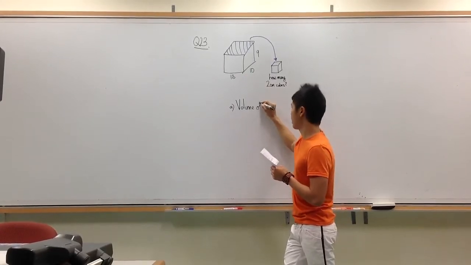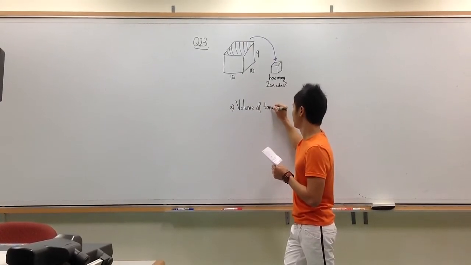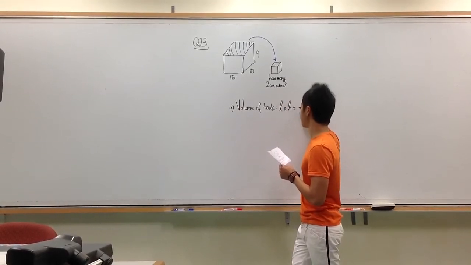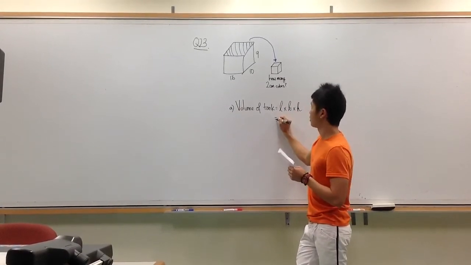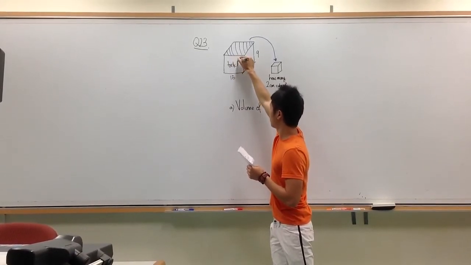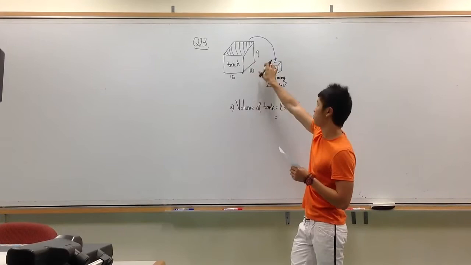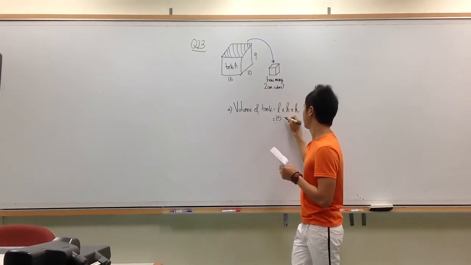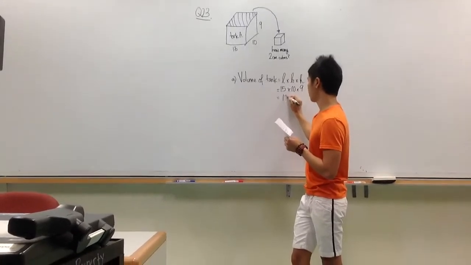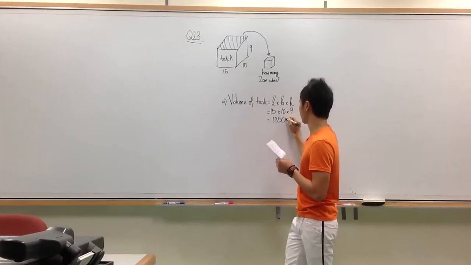Okay, from what you have learned recently, volume of a cuboid is given as length times breadth times height. For this tank A, it is 15 by 10 by 9. And if you press your calculator, you'll get 1350 cubic centimeter.